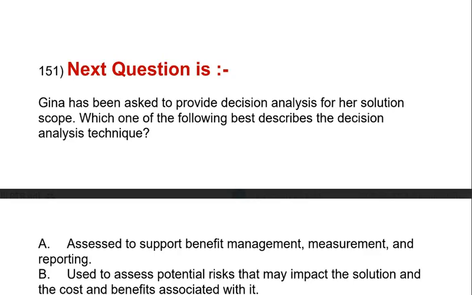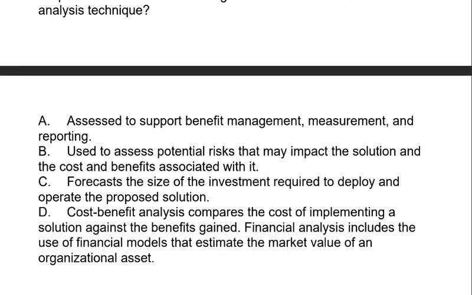Question is, Gina has been asked to provide decision analysis for her solution scope. Which one of the following best describes the decision analysis technique? Option A. Assess to support benefit management, measurement, and reporting. Option B. Used to assess potential risk that may impact the solution and the cost and benefits associated with it.